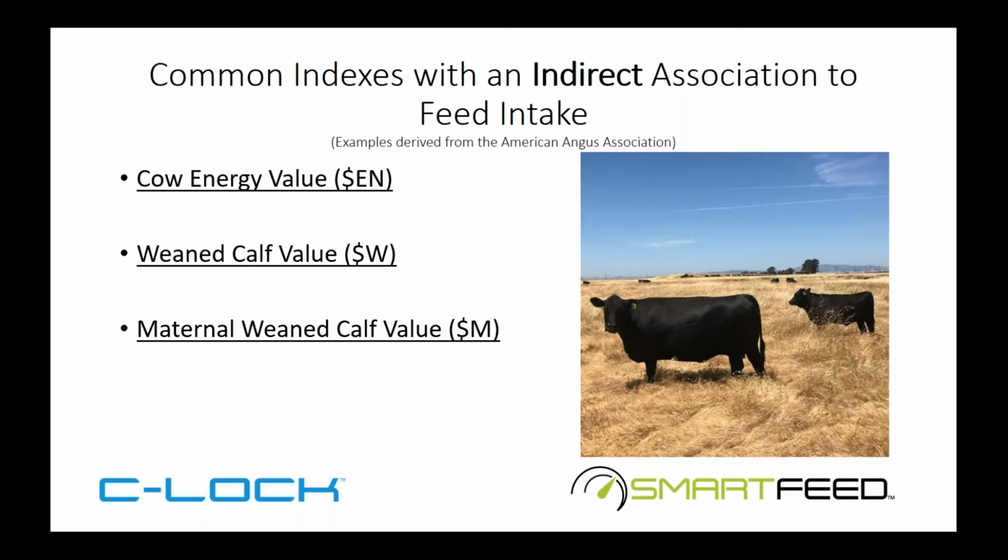I myself noticed that at one point when $M was still in its infancy, the highest $M cow in the Angus breed was actually a heifer with no progeny on the ground and no foot score data turned in. This is where paying attention to the pieces that impact these traits, as well as the accuracy rating, can help us from making some mistakes, as we move forward and apply some of these genetics to our herd that could cause consequences for years to come.